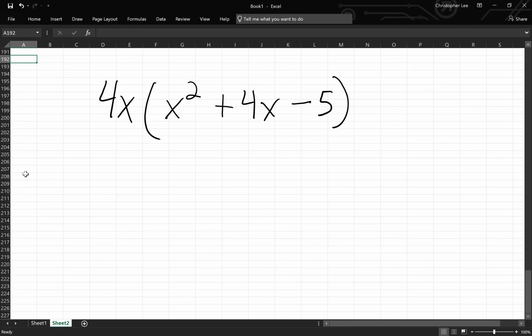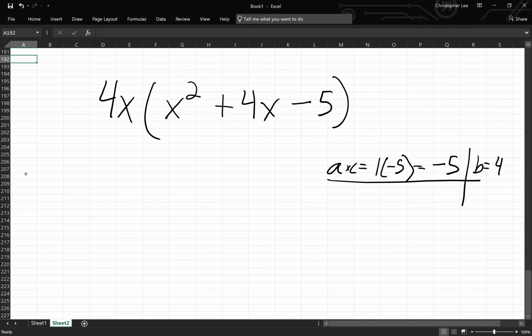You want to do the AC method? All right, let's do it. So A times C is equal to what? It's equal to what two numbers multiplied? 1 times -5, good, which is equal to -5. And my B term is what? 4, very good. Now I need two numbers that multiply to -5 and add up to +4.